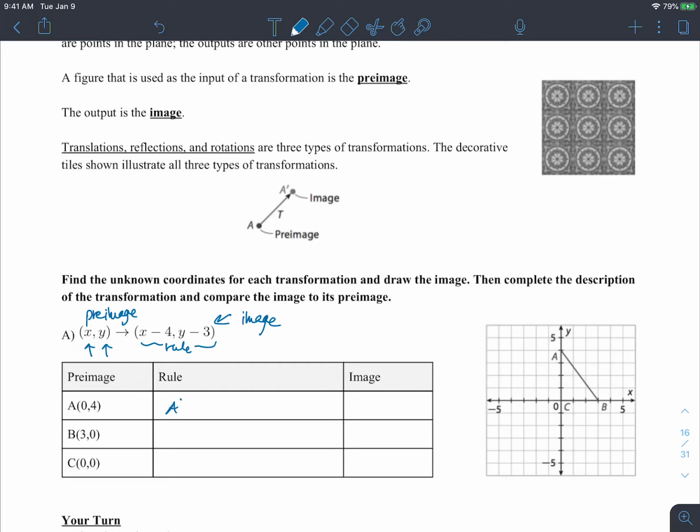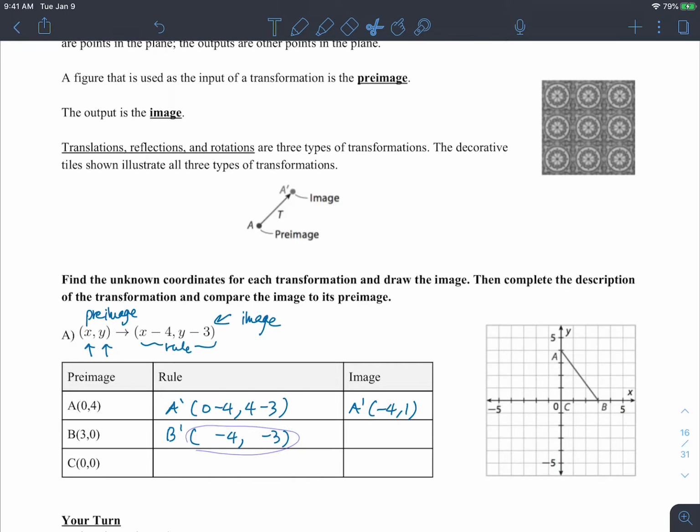So A prime, if we apply the rule, will be whatever the x is minus 4, whatever the y is minus 3, and the y happens to be 4. And then A prime now becomes (-4, 1). Similarly, once again, it is whatever the x is minus 4, whatever the y is minus 3.